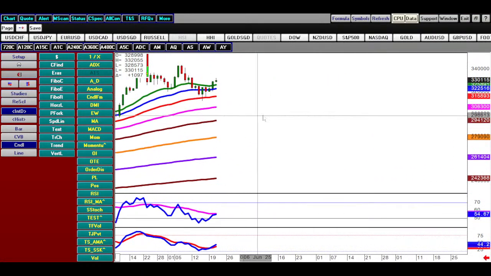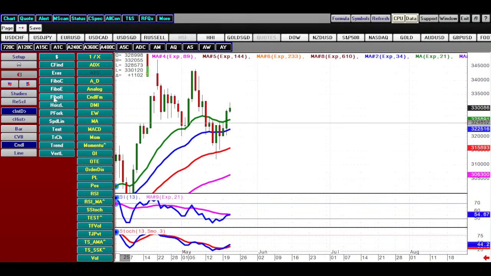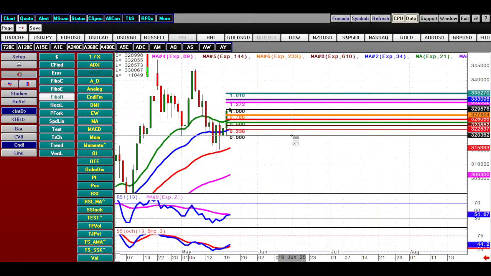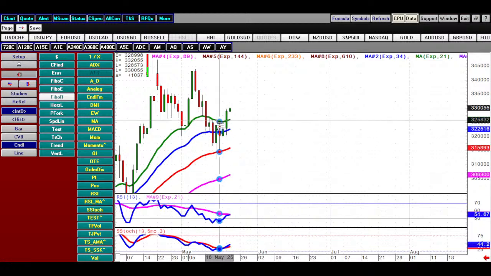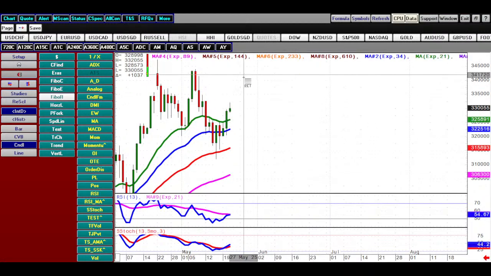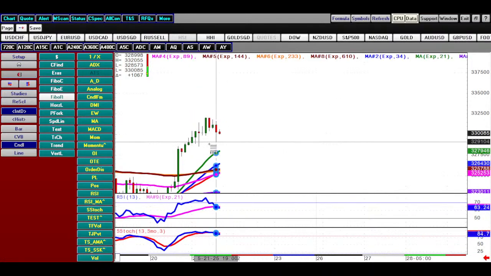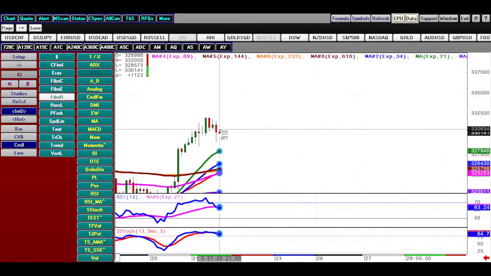Remember, if we are looking for a daily high, I think most likely we have seen the high at 3320. And remember, the 2 hours is already saying that this market is already showing some weakness.